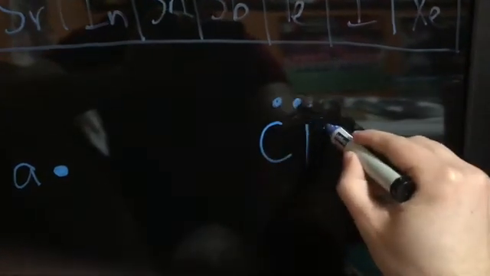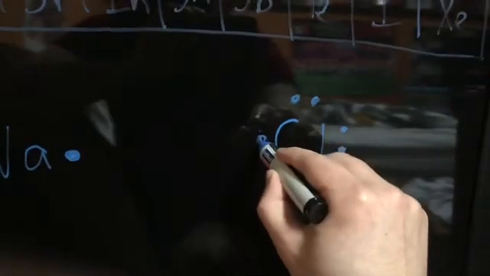If we take another example, say chlorine. Chlorine is in group 7A or in group 17 also in the periodic table. So we write Cl with 1, 2, 3, 4, 5, 6, 7 valence electrons.